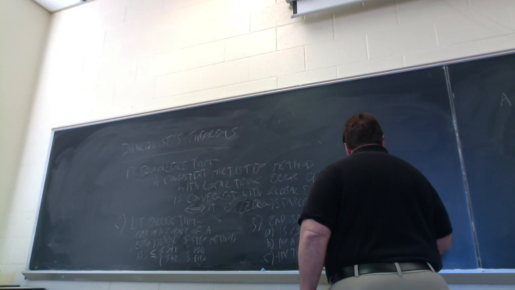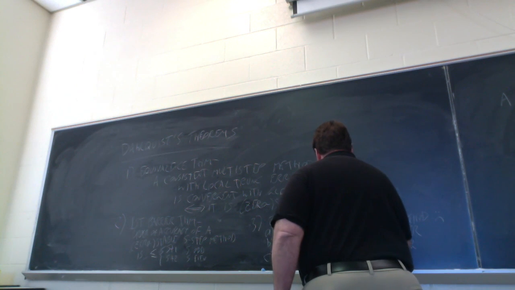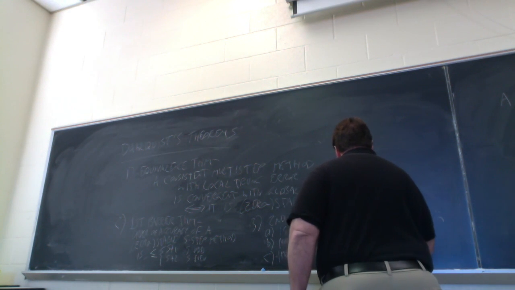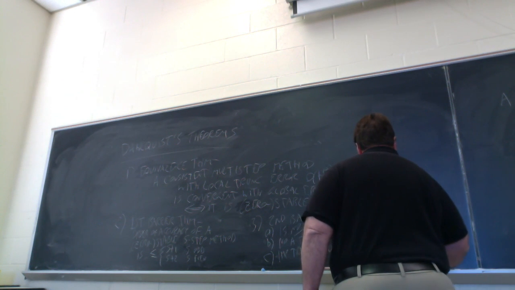In other words, a C that goes in front of the h squared. And that's among all multi-step methods that are A-stable and second order accurate.